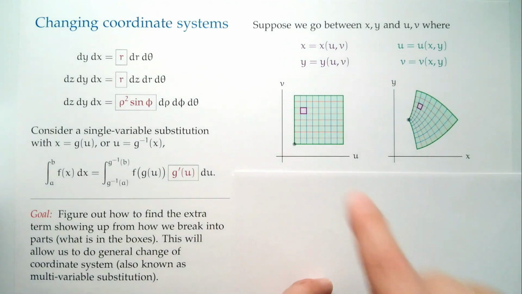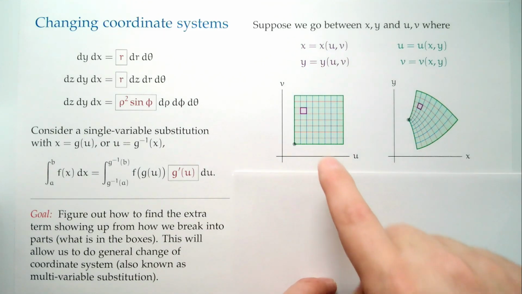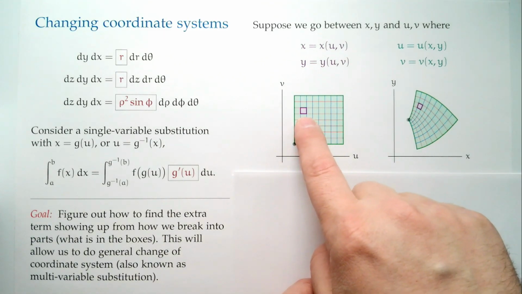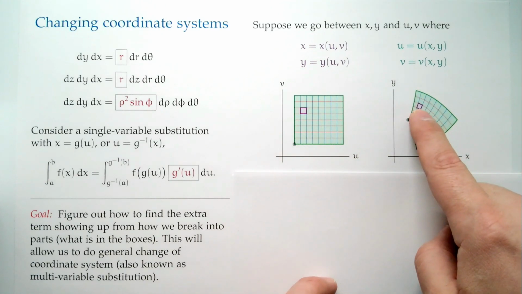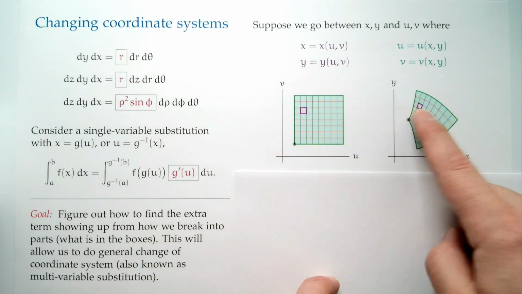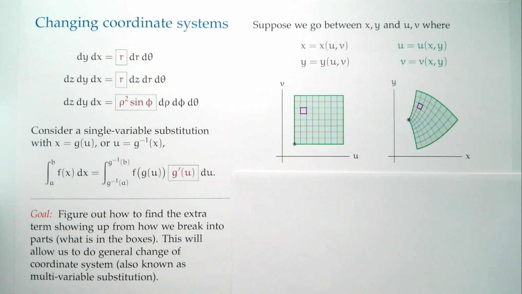Integration says, what happens on that little piece? Well, it's about that. And now I'll add them all up. Of course, this little piece translates into a little piece in the xy setting. So now our goal is, what is that little piece? How do we understand it, and what can we do about it?